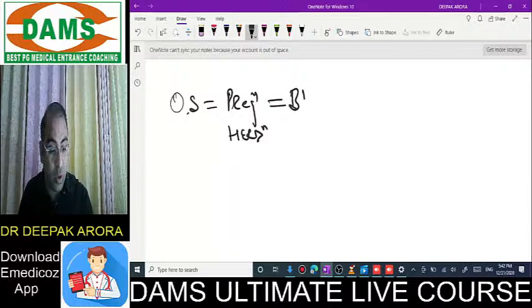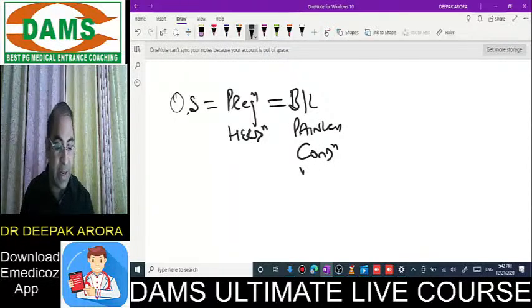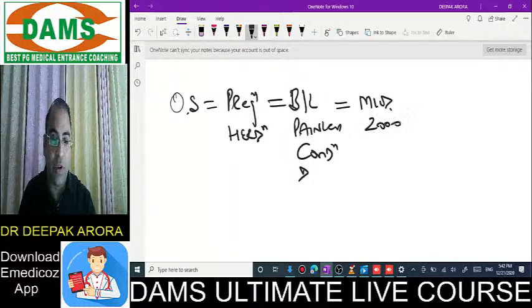Is equal to bilateral, painless, conductive deafness. Once the word conductive deafness is there, we should master it: a mild loss, mild conductive deafness at 2000 Hz. Carhart's notch is equal to bone conduction. Then it is equal to good SDS.